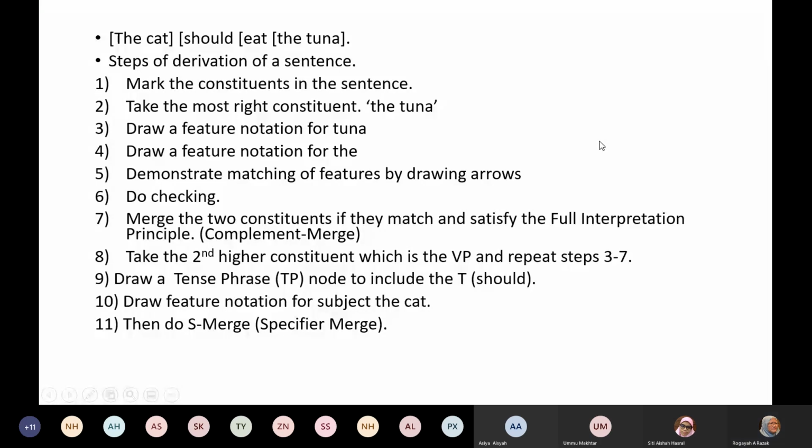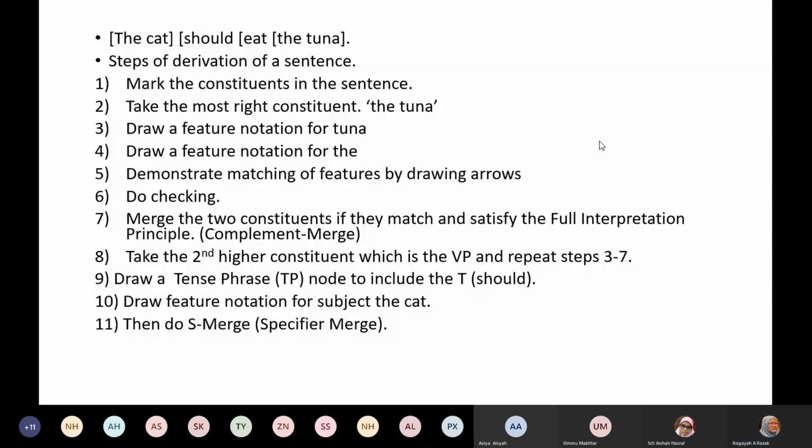Listen. Steps of derivation of sentence. So you go step by step from the rightmost of the sentence, paling kanan, dan kita pergi step by step after each constituent. So kita mula dengan DP the tuna. Lepas dah buat DP the tuna, then we say what's the next constituent, which is eat. Then we combine it with eat, feature notation, and then it matches, so we do eat the tuna.